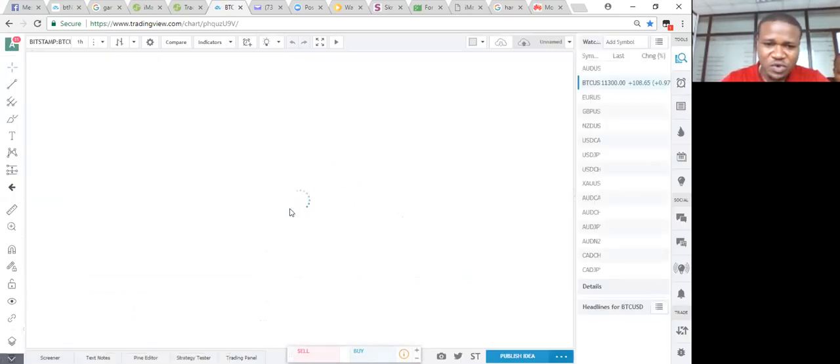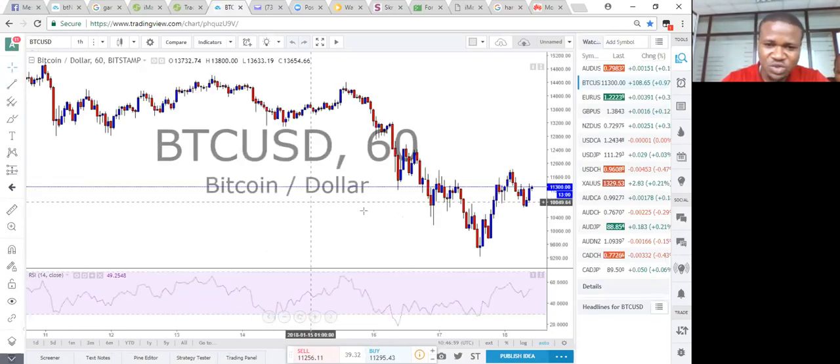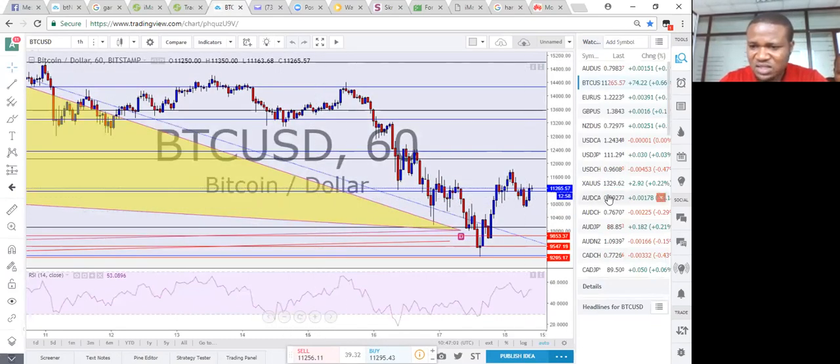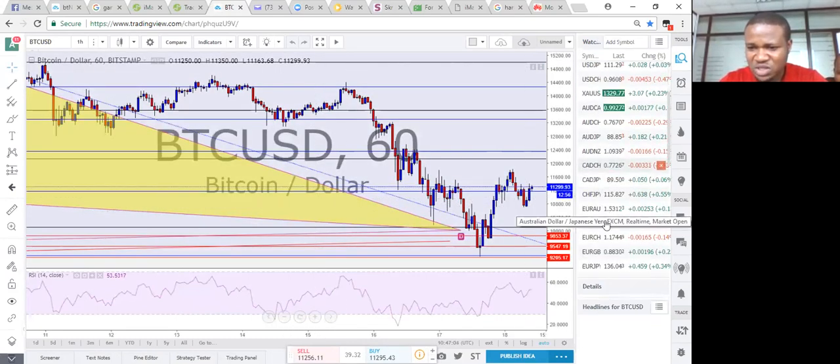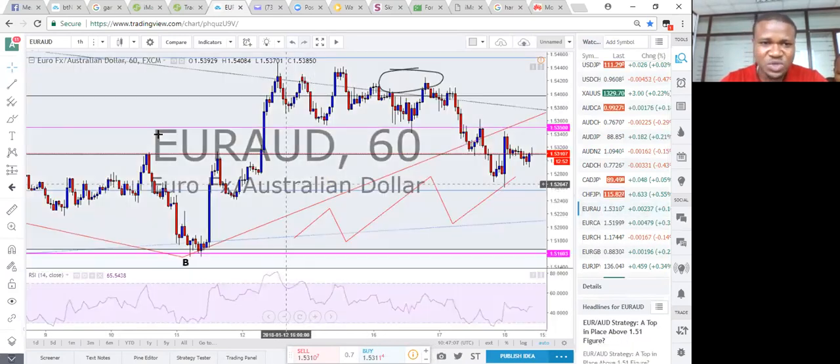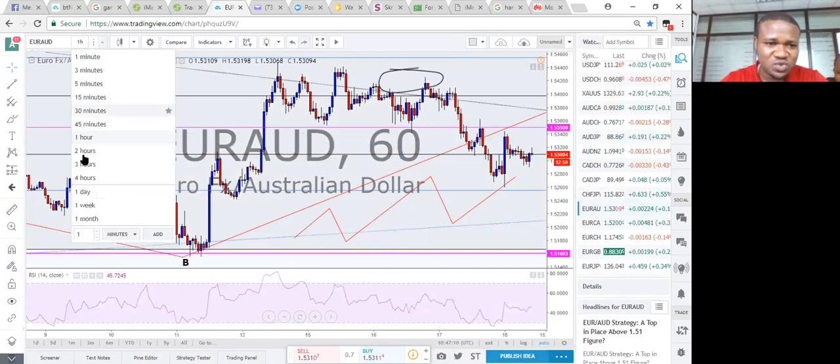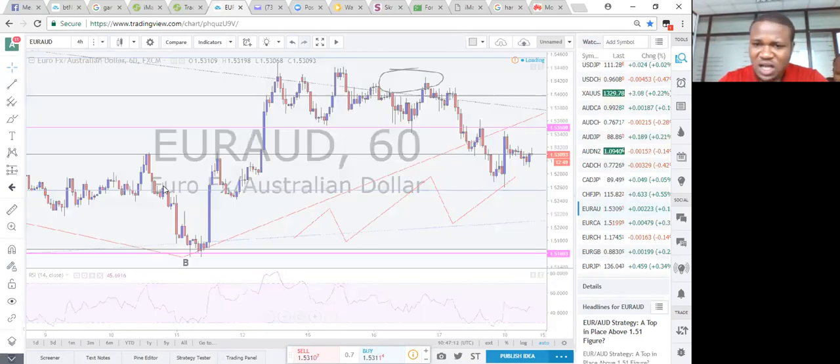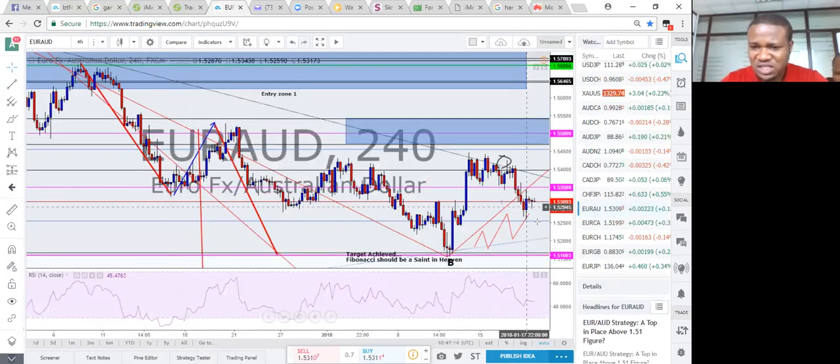In other words, if you are trading Euro AUD as a sell, you are also making money from swap. So let us be patient with this trade as we anticipate that it will get to our marked out destination, and then we'll keep following it.